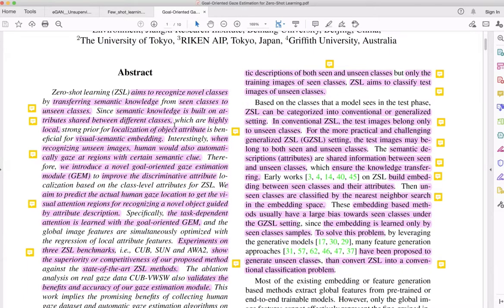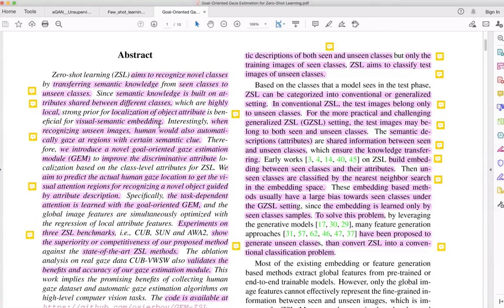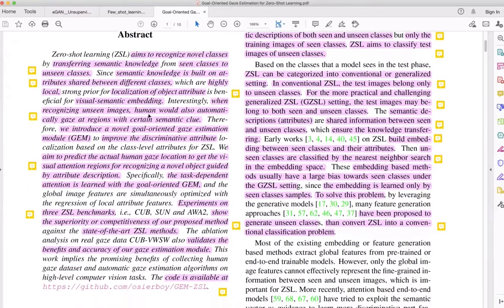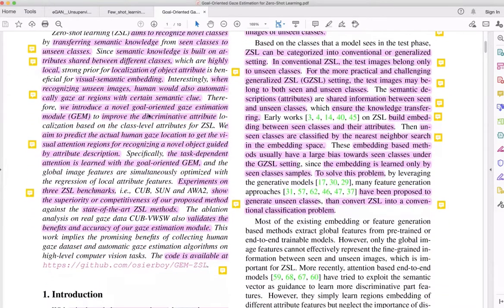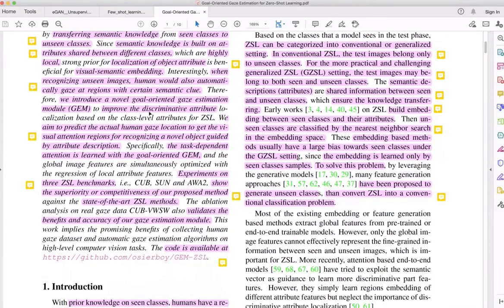The attributes will be the predictions of that model. And we can then use those attributes as a judge of what the unseen classes will be. So it's built on attributes shared between different classes, and that is referred to as the visual semantic embedding.